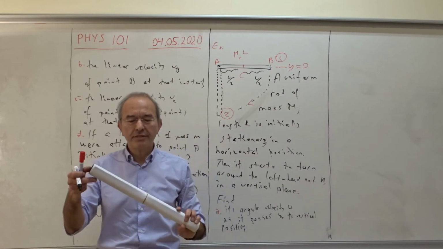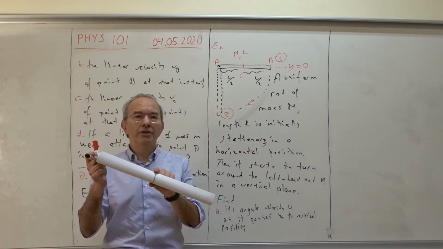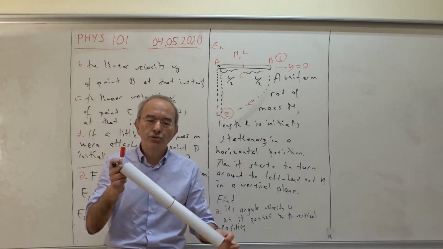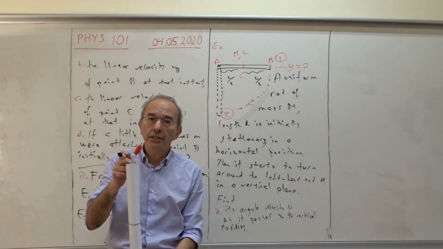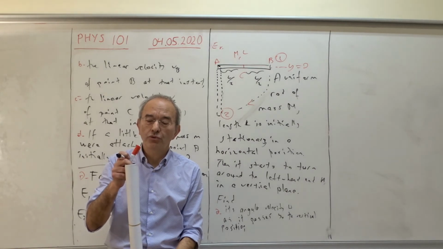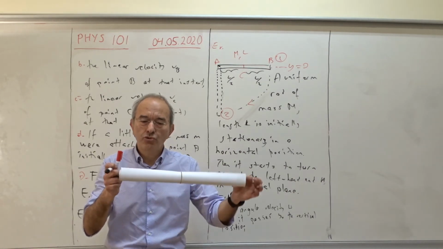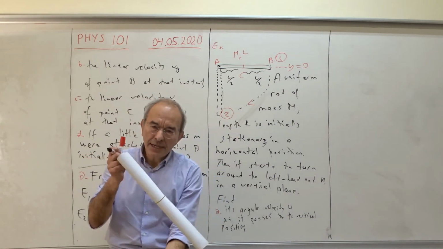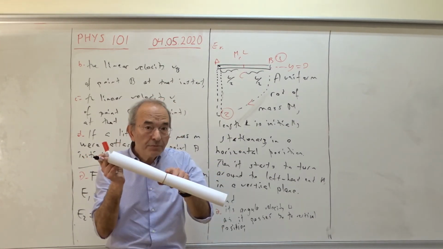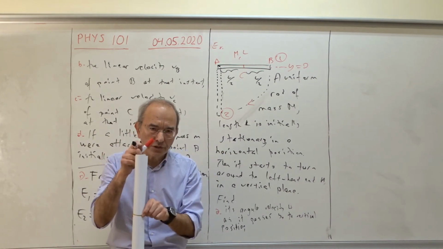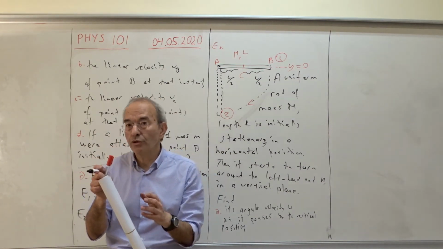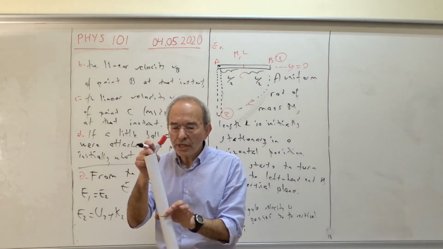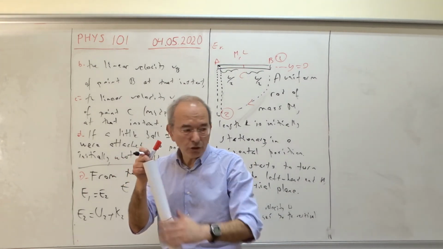As this rod turns by 90 degrees, the tip would fall by L, but the midpoint just falls half of it. We are interested in the motion of the center of mass. The center of mass of the rod falls a height of half of the length, L over 2.